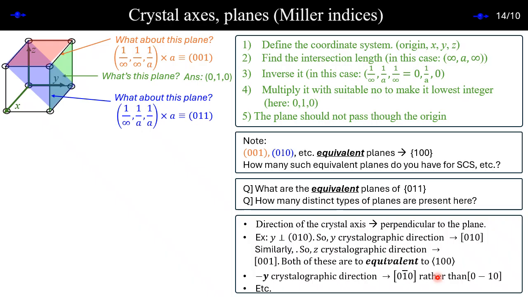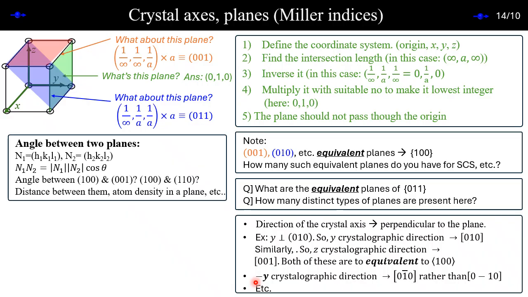So we can have plus and minus with reference to your origin. If it is the minus y direction, instead of saying 0, minus 1, 0, it is shown as 1 bar. In detail you have seen, right? Minus something like 1 bar. It is just a bar. It is the definition.